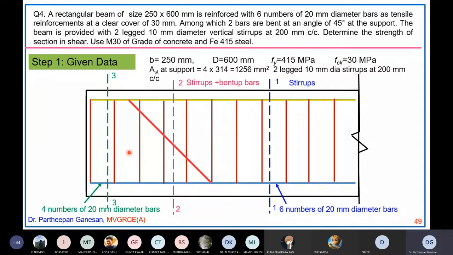At section 3.3, what are the different types of shear reinforcement available? Kishore, are you there? What are the various types of shear reinforcement available?